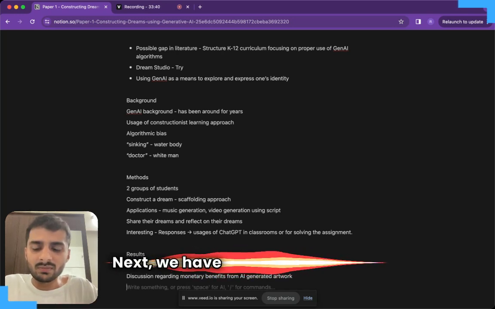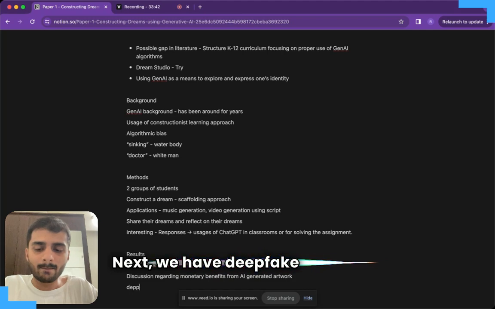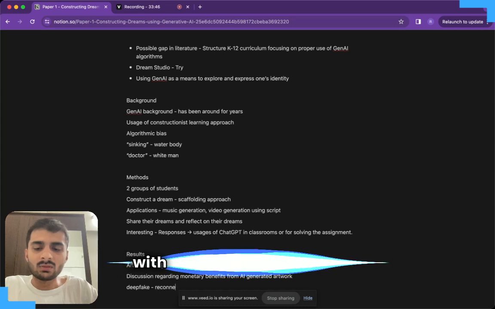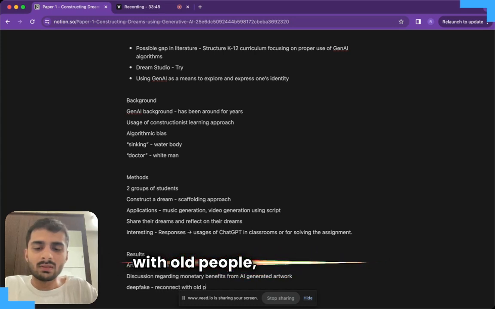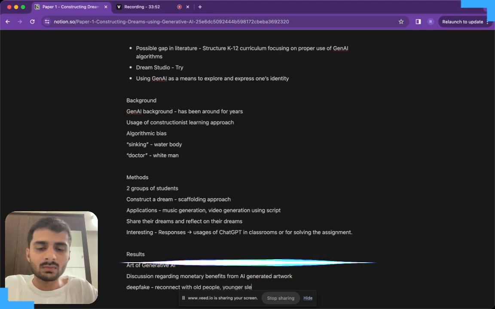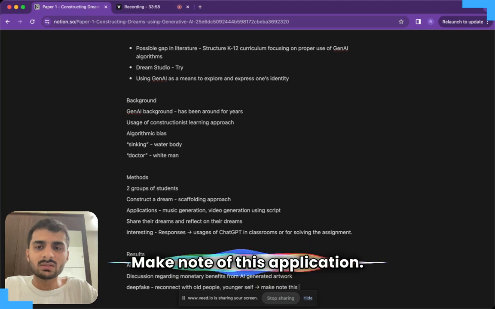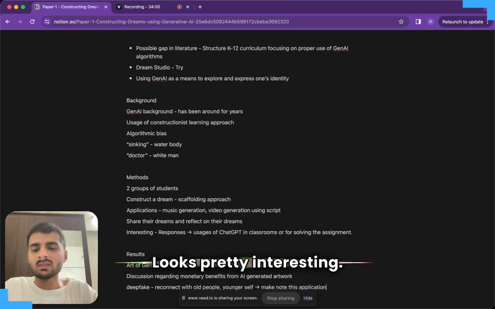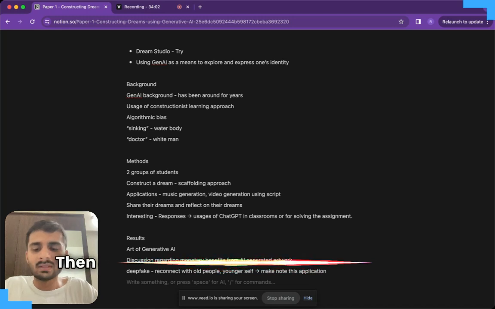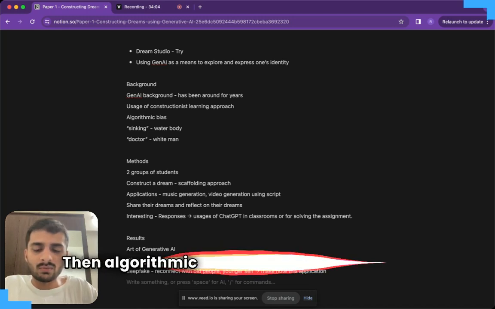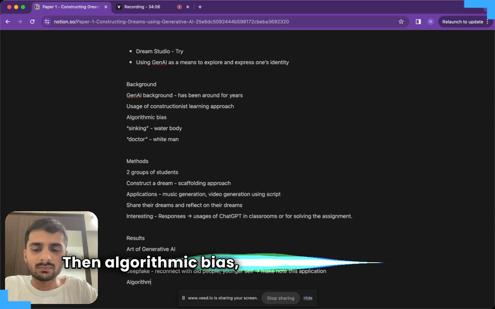Next, we have deepfake, to reconnect with old people, younger self. Make note of this application. Looks pretty interesting. Then algorithmic bias, which we saw.